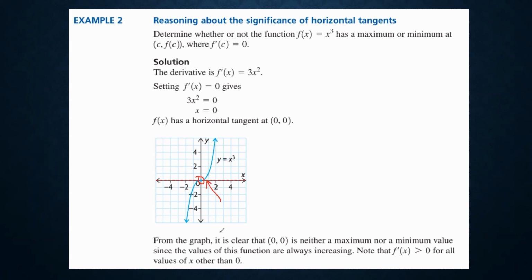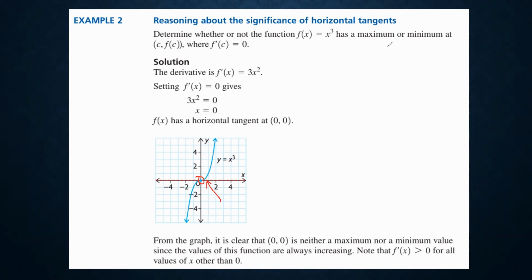Do you know why? The derivative is always positive for all values of x other than 0. That's true. Why? Because if you look at the values greater than 0, so above the x-axis, it's constantly increasing.